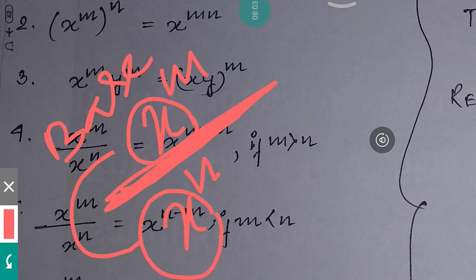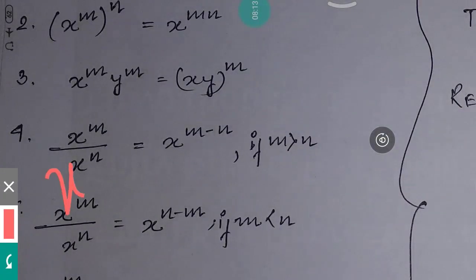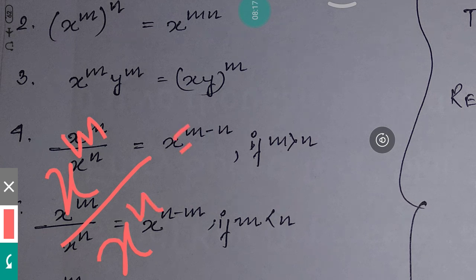So both the bases are the same and division is given, then what will be your answer? It will be x power m by x power n. If both the bases are the same and division is given, then the power will be the subtraction.